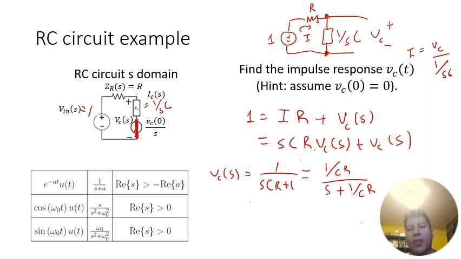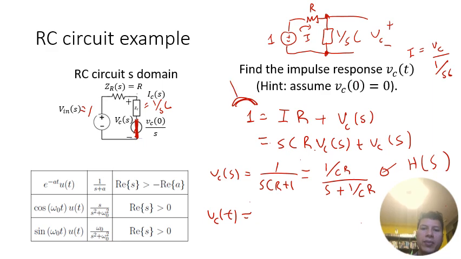And now we know we can just inverse Laplace this. So this is the transfer function H(s), because it's the solution when we assume that the input is 1.